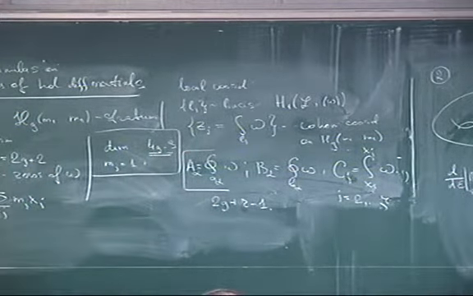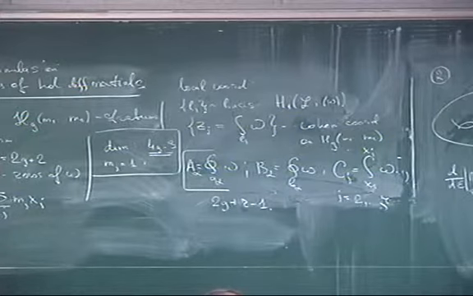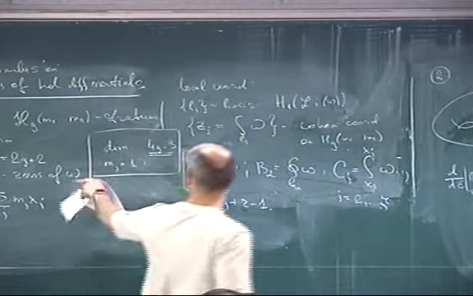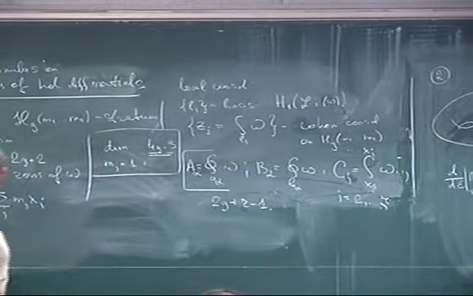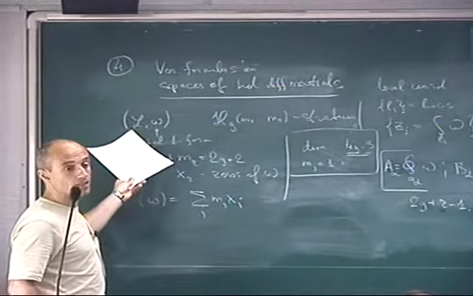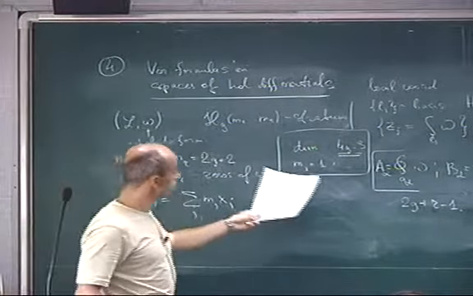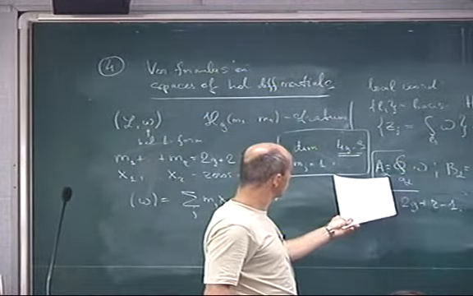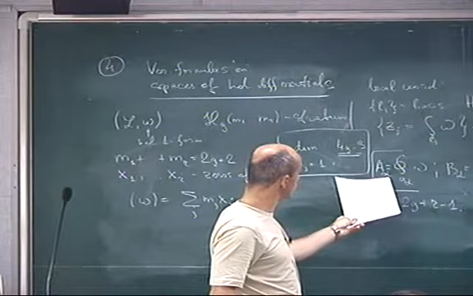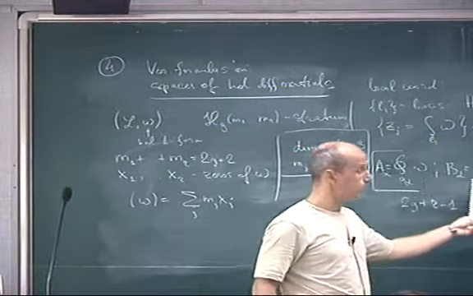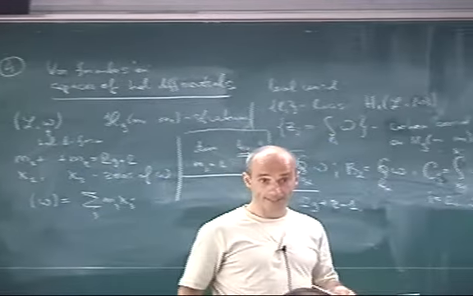Now, suppose I ask the same question as here. Well, let's take the basis of normalized holomorphic differentials on my Riemann surface and ask the question, so let's vary them with respect to A alpha, B alpha, Cj. What do we get?